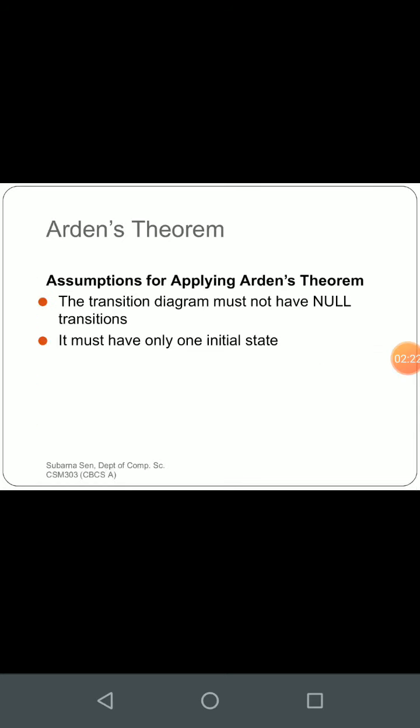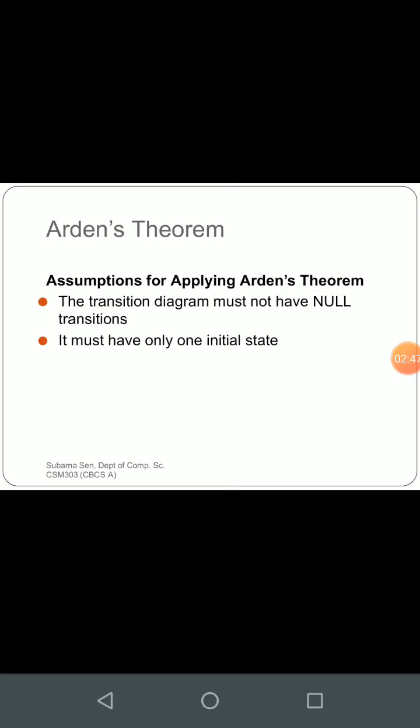Fine. So what are the assumptions of Arden's theorem? The transition diagram must not have any null transition. So if any automaton is given where an epsilon transition is there, our first job will be to eliminate those. We have already learned how to discard the epsilon transition. So we have to apply those, then we can apply Arden's theorem to generate the regular expression it is denoting.